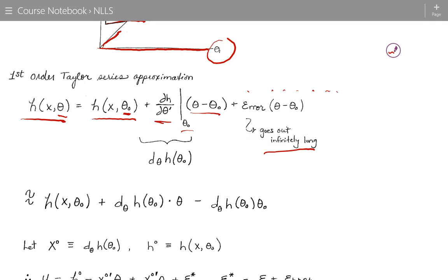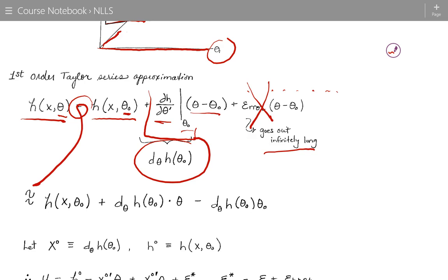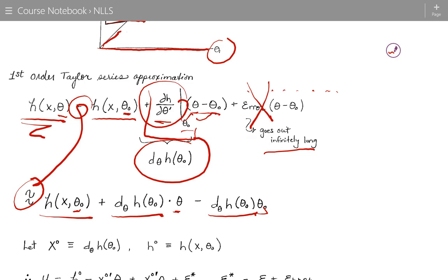If we denote the first derivative as simply d sub theta h at theta naught, and we drop out the error term, and therefore turn the equal into just an approximation, we get h of x and theta is approximately h of x at theta naught plus the first derivative times theta minus the first derivative times theta naught. Notice we've got theta minus theta naught, so we take that and it just goes through.